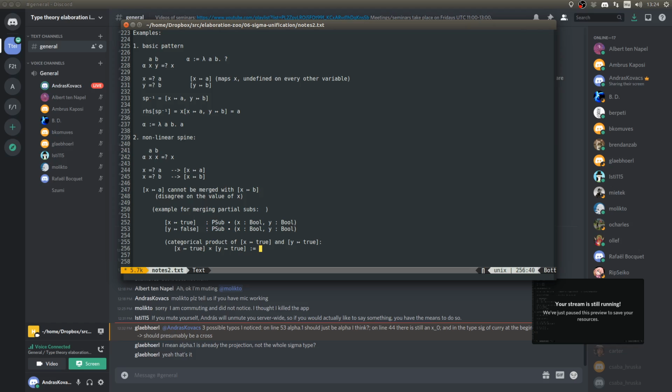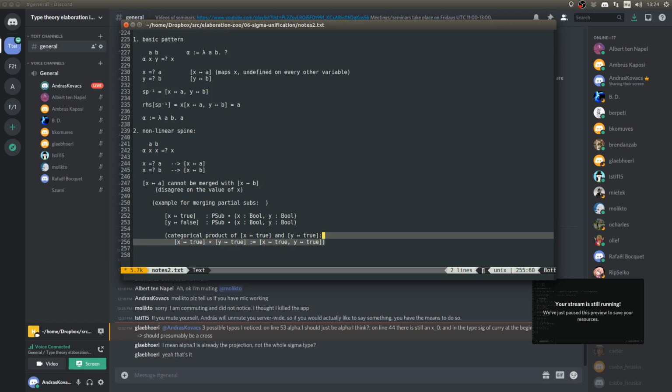In this case it's just defined to be x mapped to true and y mapped to false. Okay, and why is this a categorical product of these two partial substitutions?